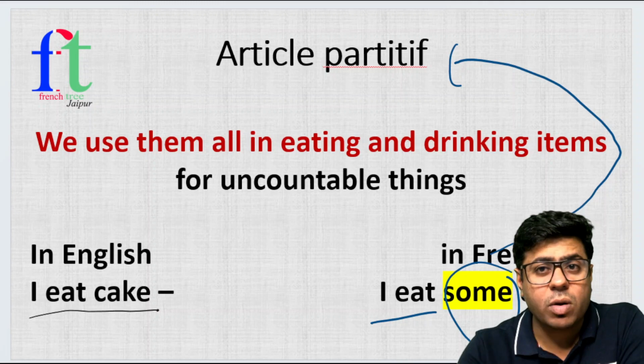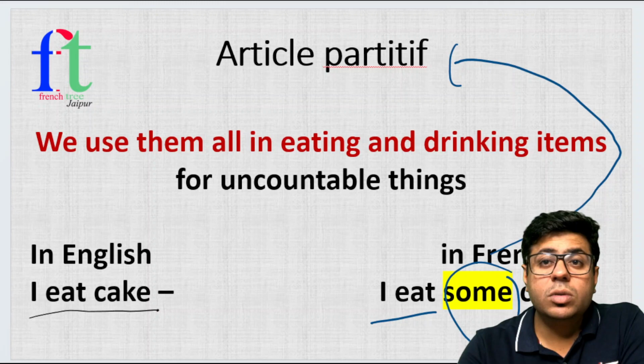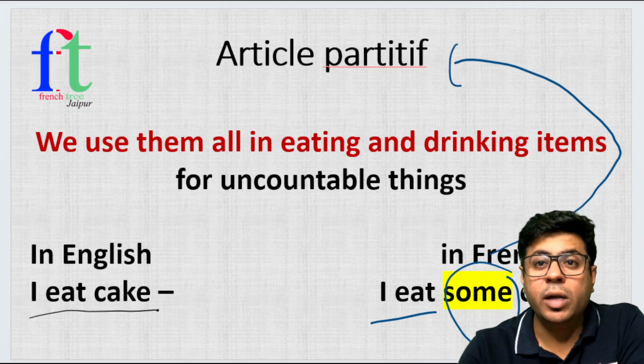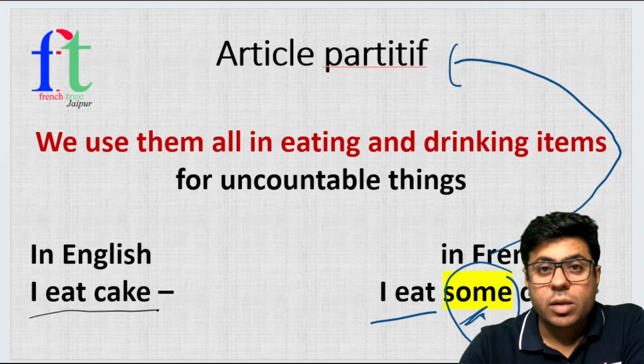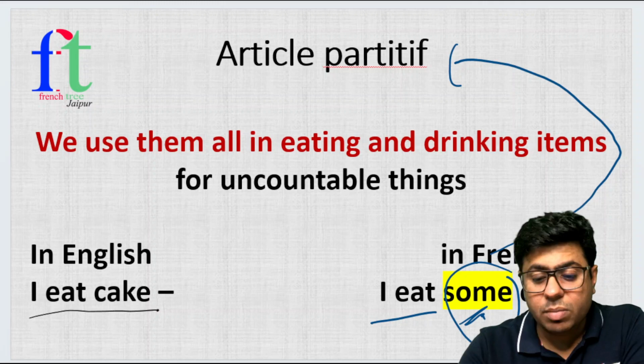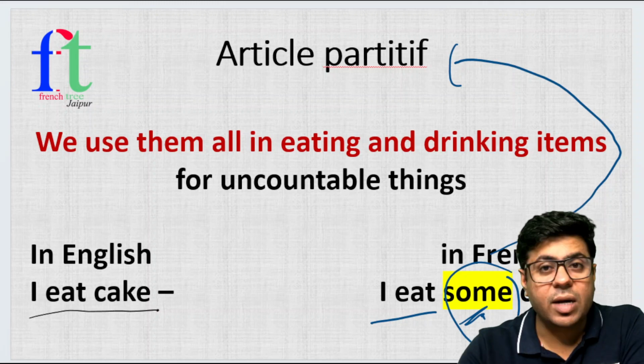That is not possible. So that's why they use the article partitive. They use some: I eat some pizza, I drink some Coca-Cola, I drink some juice. There is no proper meaning of some, and you cannot get the actual meaning of it in a dictionary, but the meaning is described in this grammar, the article partitive.